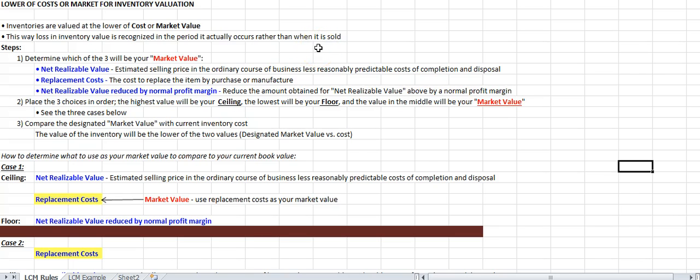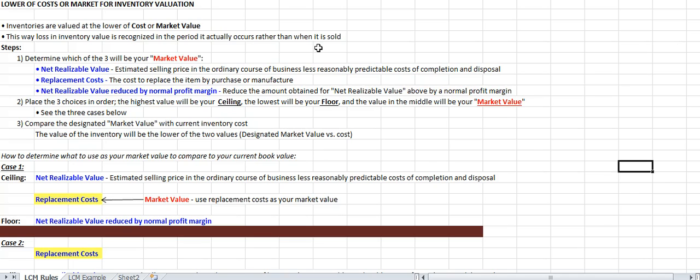So if you have an inventory that has a cost of $10 and it loses value and it's now worth $5, well, usually when an inventory loses value, the sales price will also lose value, right? So you don't want to have an inventory that's costed at $10 and then you sell it for $6, and you're going to have a loss as far as gross profits go, right?